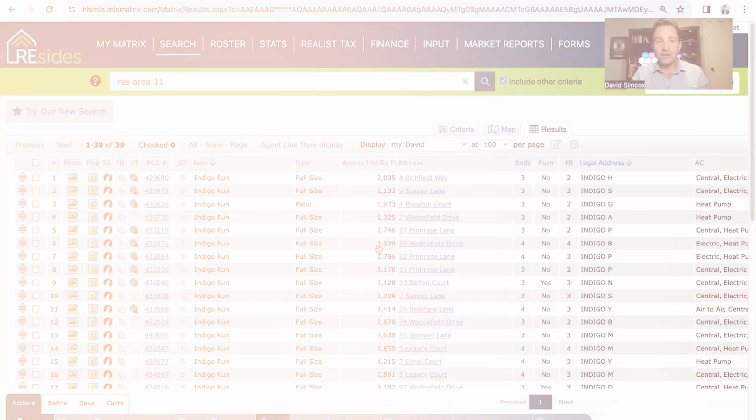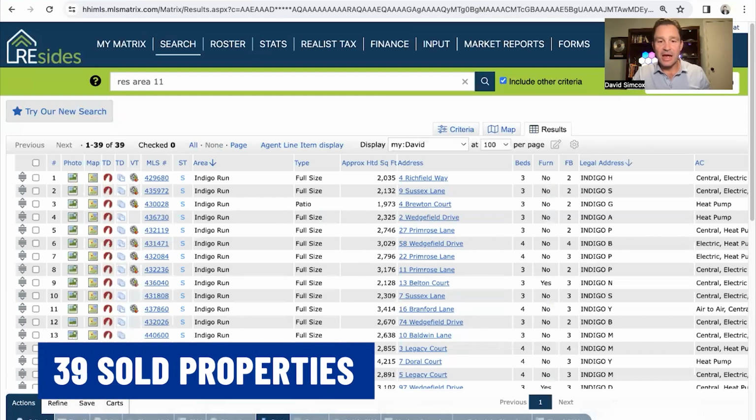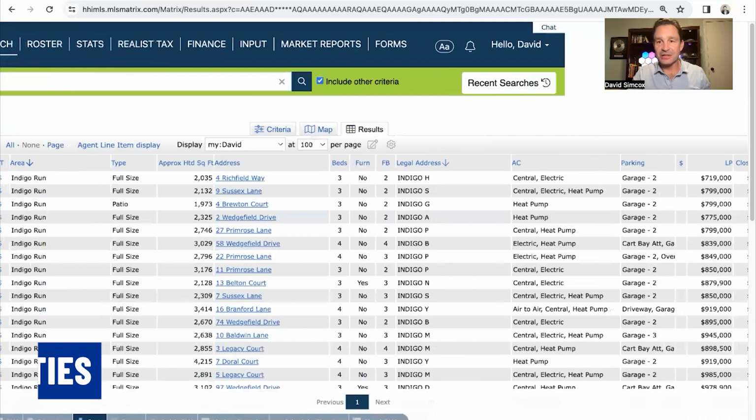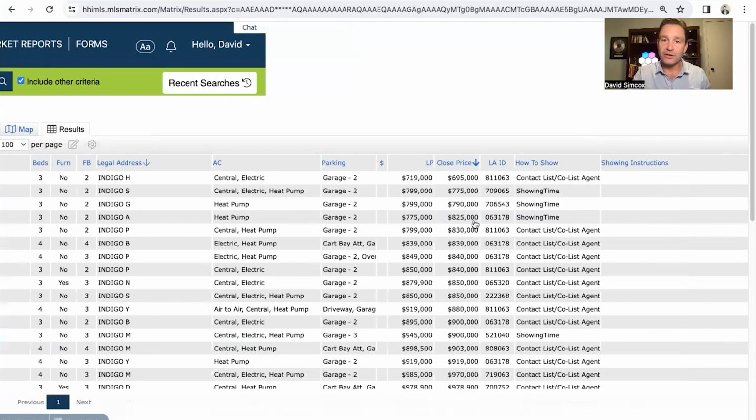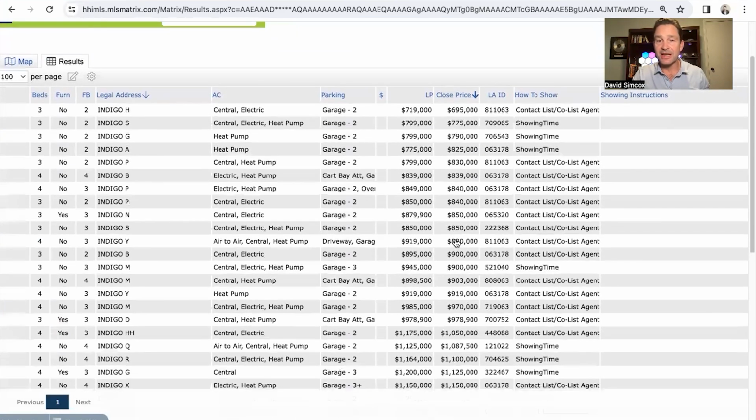So in Indigo, we have 39 transactions, and the price range is, well, we have one at $695,000. We have a couple in the 700s, but then they very quickly jump into the 800s. So we have a handful of transactions in the 800s.